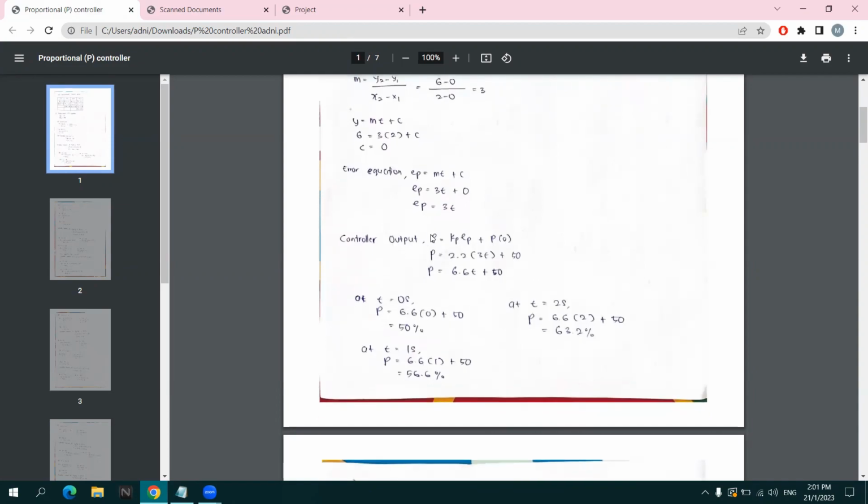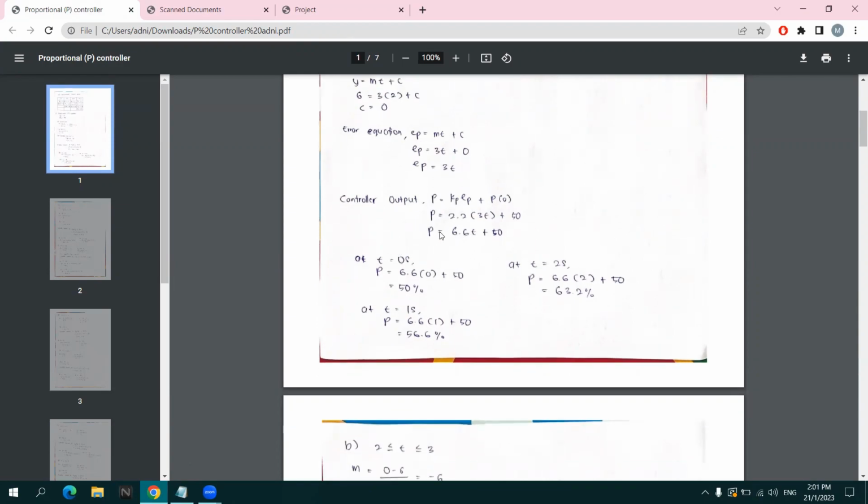And then for the controller output formula, P equals KP EP plus P out, when we got P, we can just substitute time. Okay, so for example, when T equals 0, we substitute 0 into T, and then we got 50%.